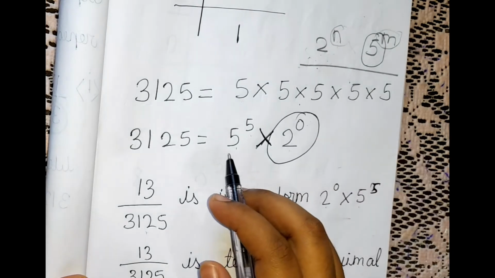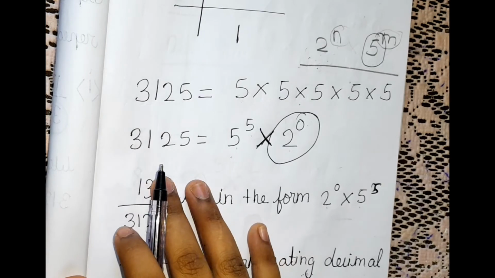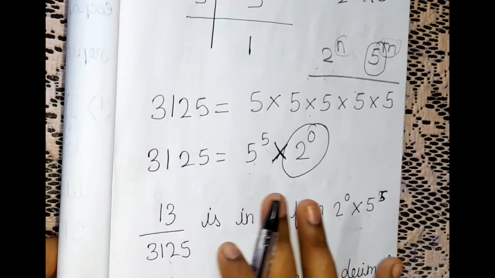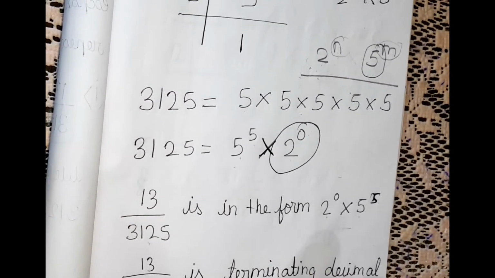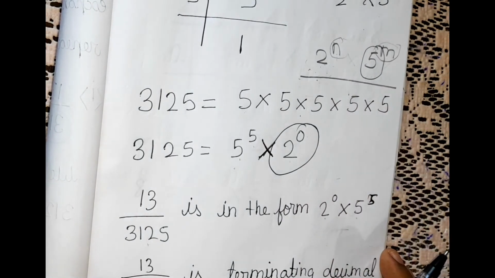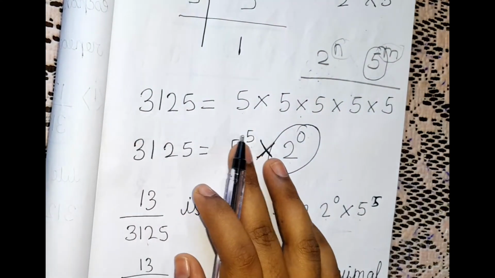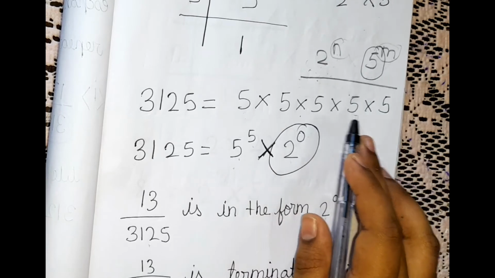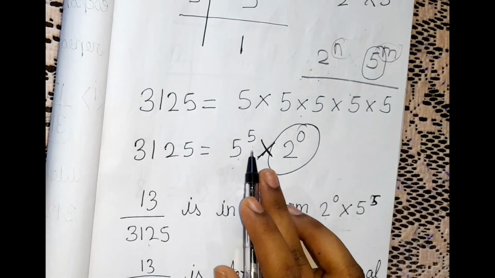First let us take this 5 power 5. Do you guys remember this? We did this in the previous question. After solving the prime factorization method, we use this form, that is 2 power n and 5 power m. After finding these things with the prime factorization method, we got 5 into 5 into 5 into 5 into 5, so in exponent form it is 5 power 5.